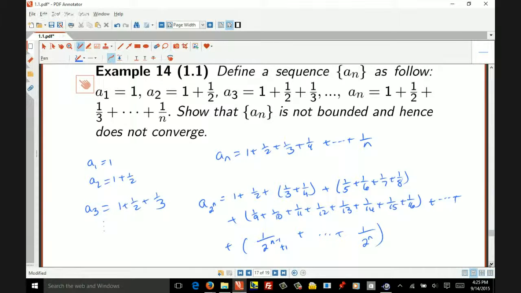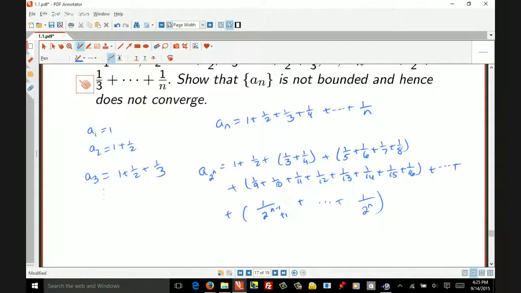Okay, now why would I do that? Tell me about 1/3 plus 1/4. I would submit to you, well, don't add them together. Let's make that be 1/4 plus 1/4, right? It's bigger than 1/4 plus 1/4. Tell me about this next one.